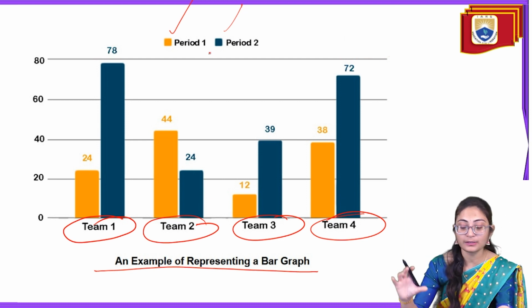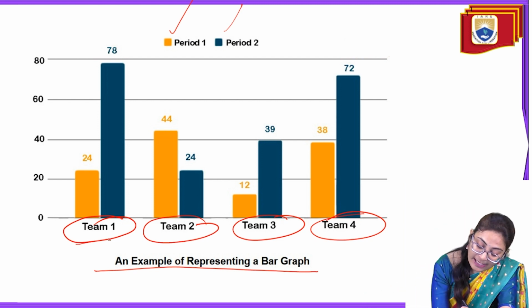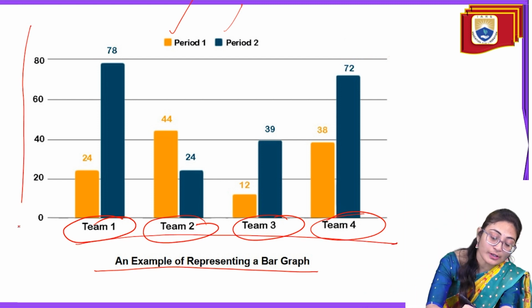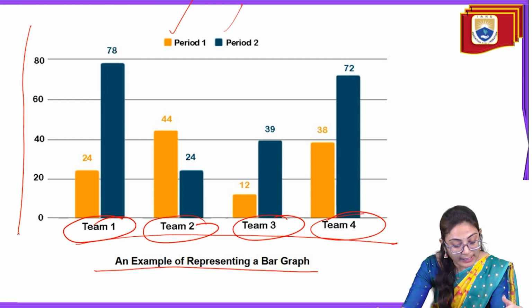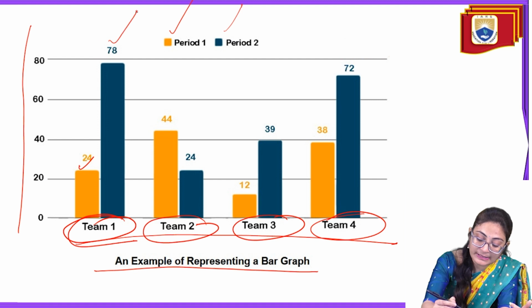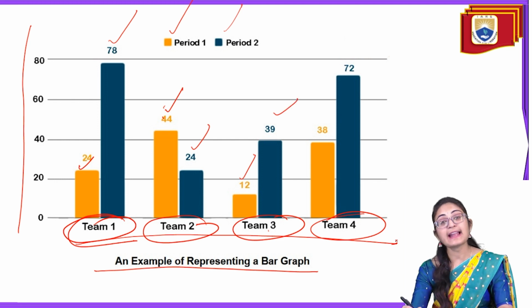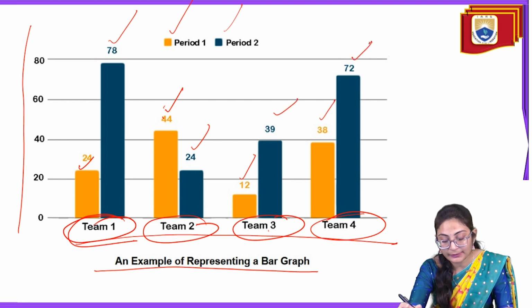Every period has some quantities, some values. That means these are your categories and these are your quantities. The first team has values 24 and 78. The second team has values 44 and 24. Team 3 has values 12 and 39 and team 4 has the values 38 and 72.